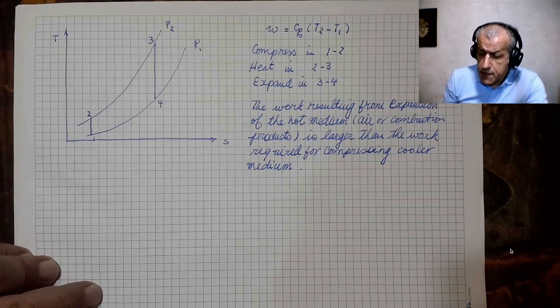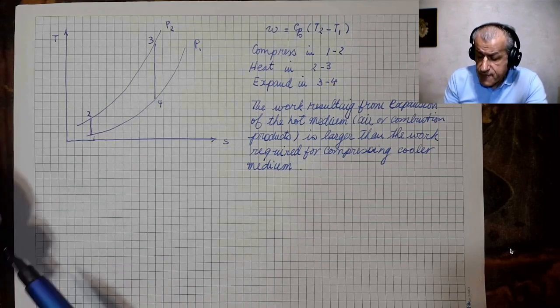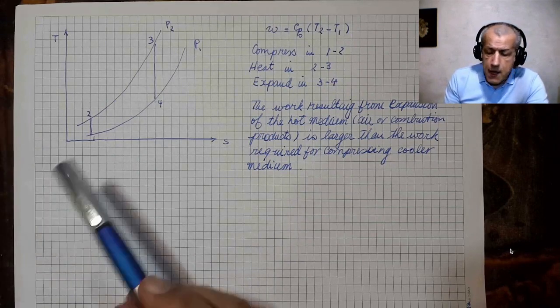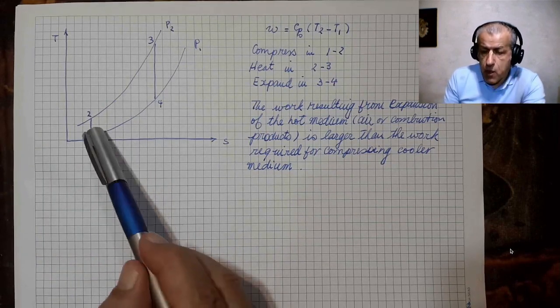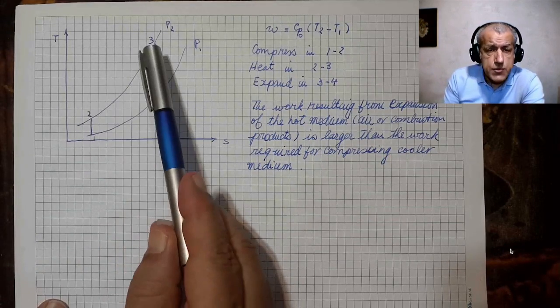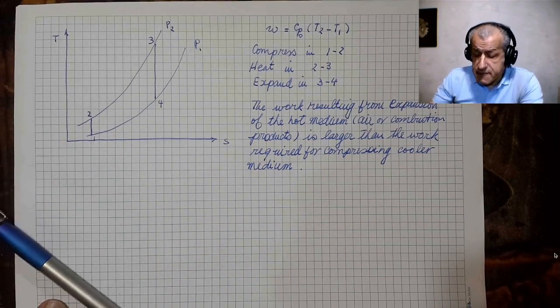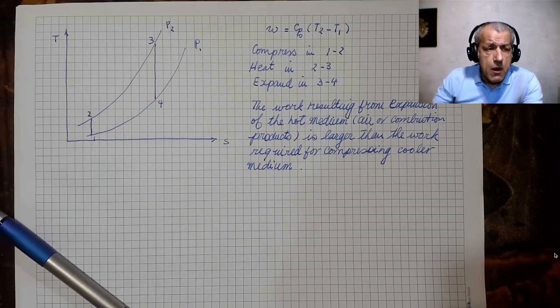And the closed cycle, Brayton cycle, just closes this match. I mean, it says, just assume there is air. Air is compressed from 1 to 2, is heated from 2 to 3, and then it is expanded from 3 to 4.